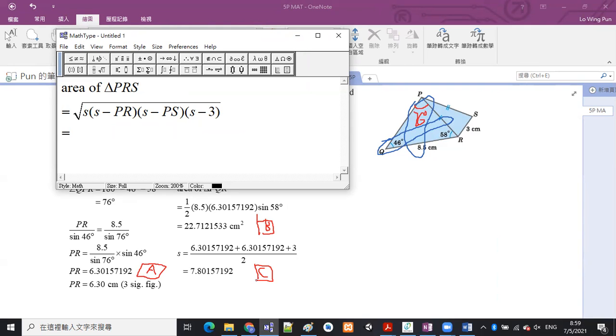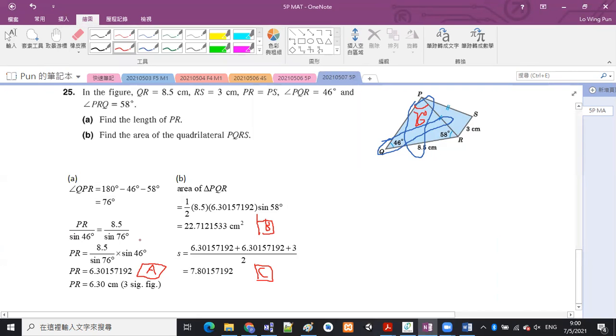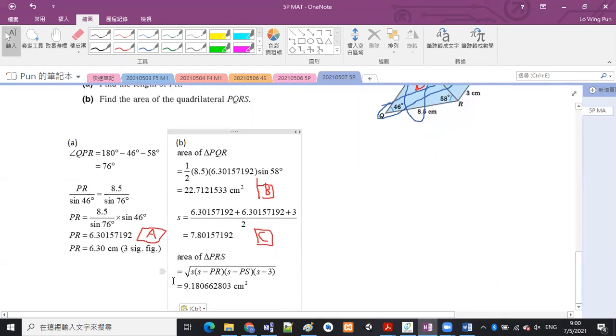And S will be memory C. So it should be C times (C minus A) times (C minus A) times (C minus 3). And then take the square root. It should be 9.18 something. And this is not the final answer, so I store this to memory D.